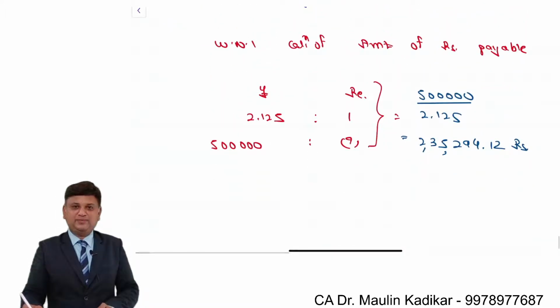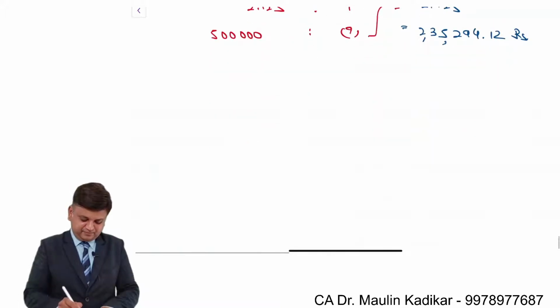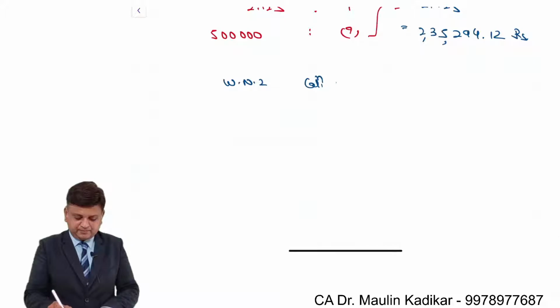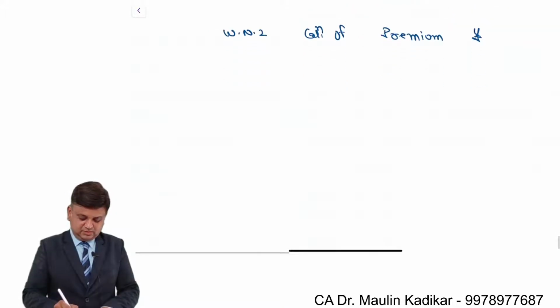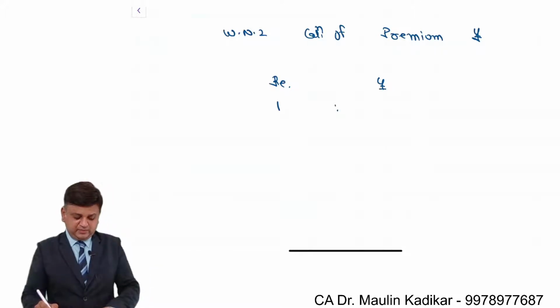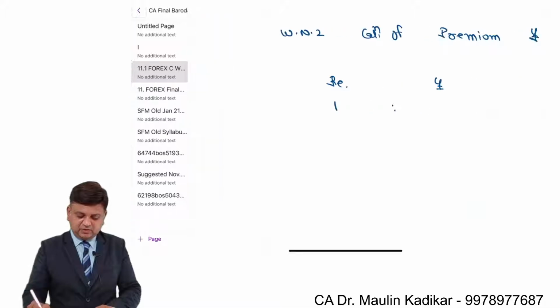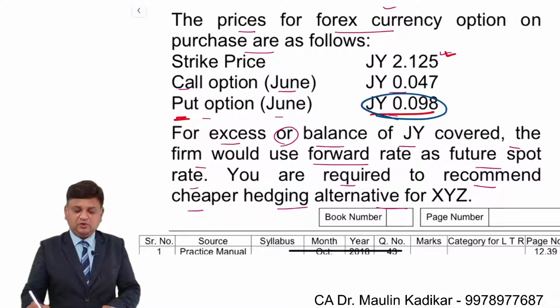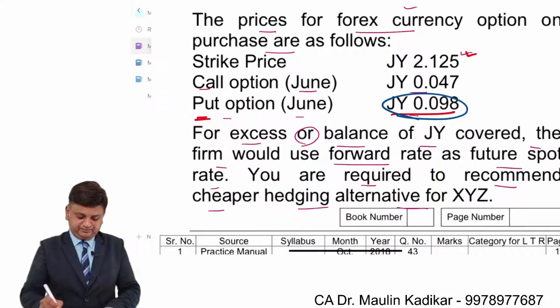Now we have to compute the premium. So working note number 2, calculation of the premium. First of all, in yen currency. So rupee and yen. You purchase the right to sell 1 rupee, then in that case the amount of the premium is 0.098 yen.